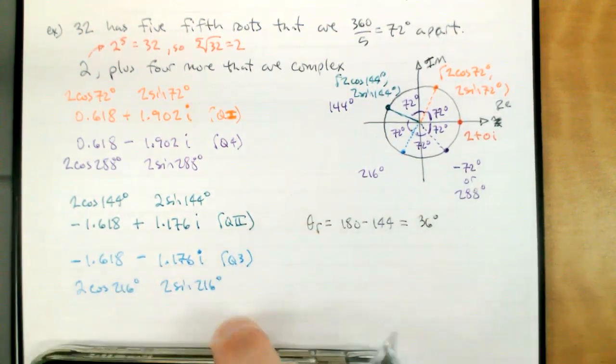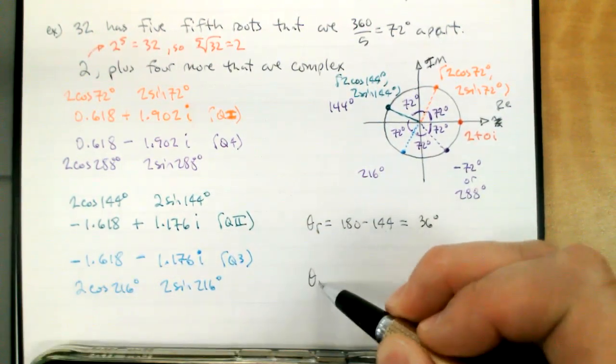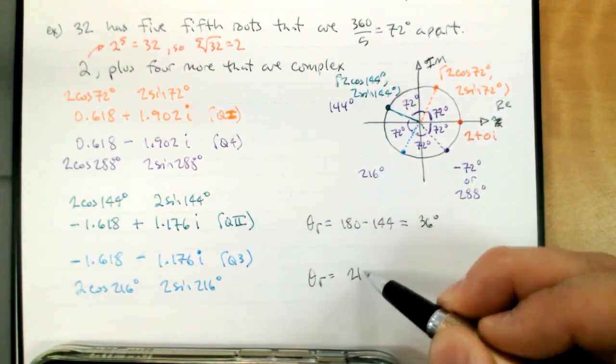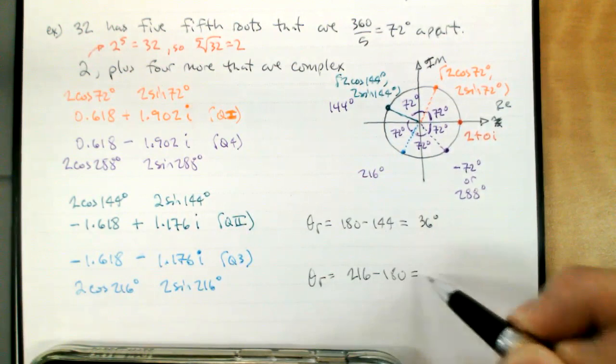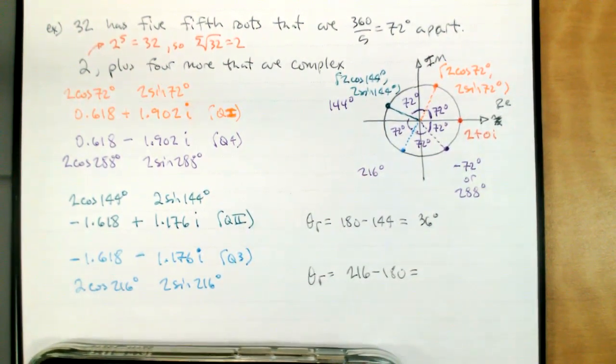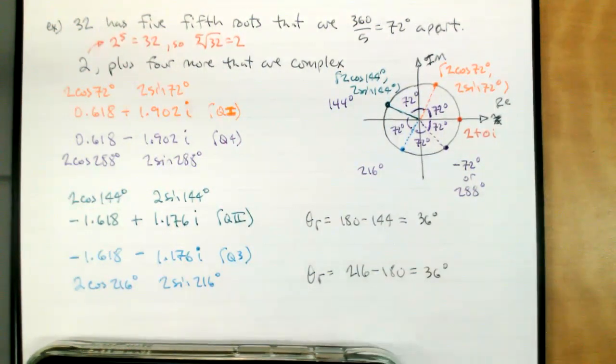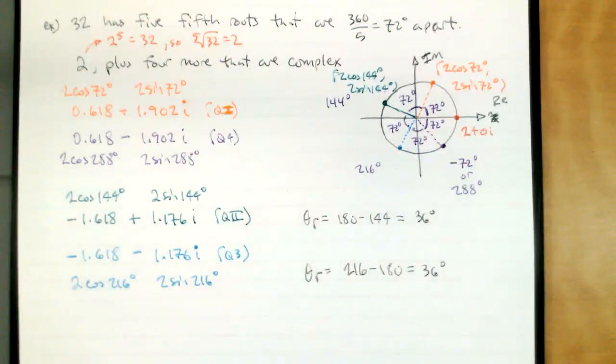And the reference angle for 216 is going to be 216 minus 180, which is also 36 degrees. I may have cheated on that last one.